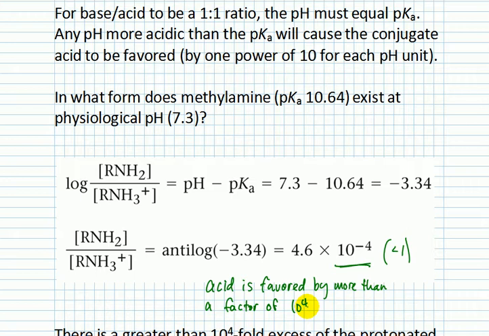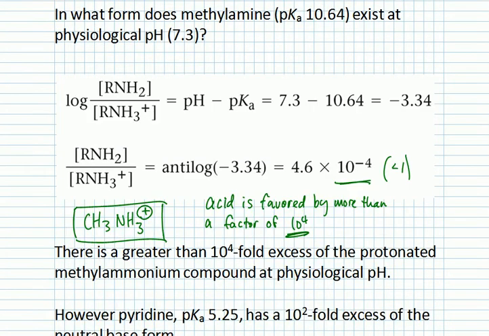So ammonia, any alkylamines, in each case, their acid form will be favored. So methylamine, its form, by a vast majority, is CH3NH3 plus, the dominant form. It's the protonated form, so it does not really exist very much in a neutral form at physiological pH.